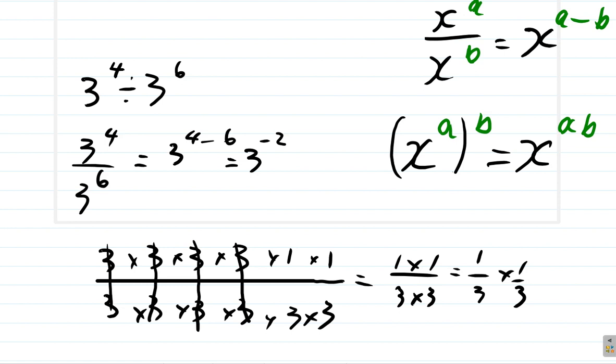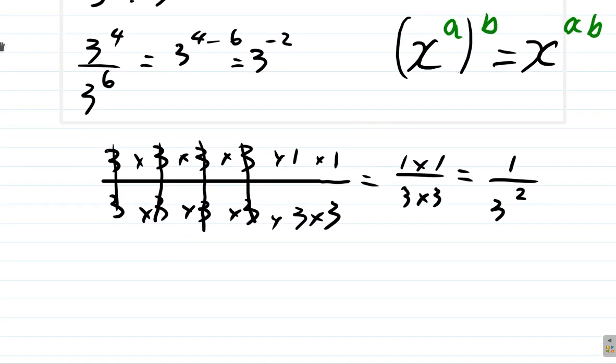Backtrack a little. 1 times 1 is 1, over 3 times 3 is 9. But 9 is the same as 3 squared. So this is saying that 3 to the negative 2 is the same as 1 over 3 to the positive 2.